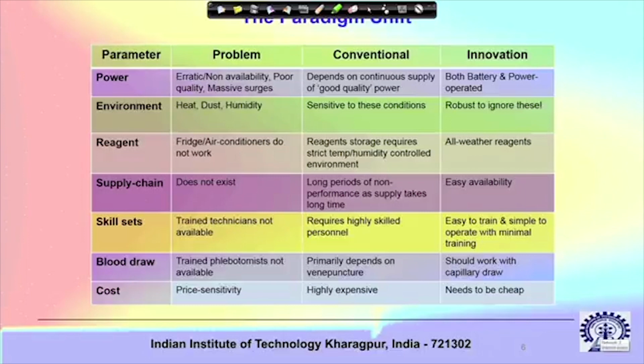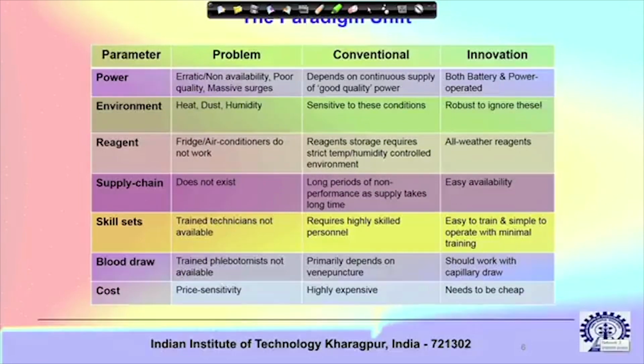For example, power. In the rural places the power supply is often erratic, often it is not available and often it is of poor quality. So, one can go for innovation for both battery and power operated systems. Environment, this is a big challenge.